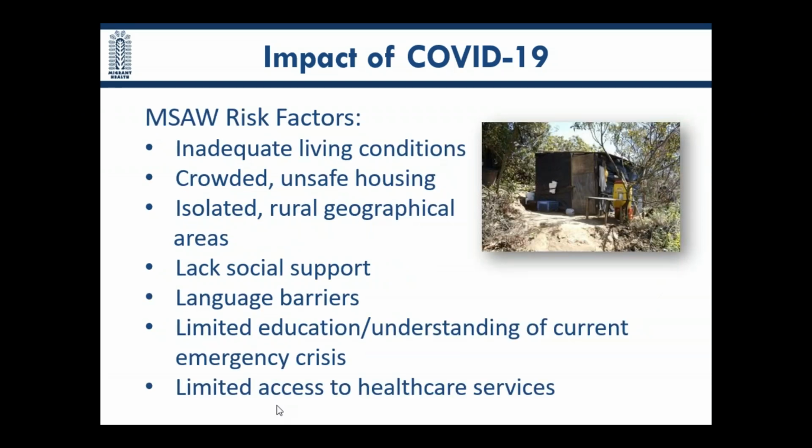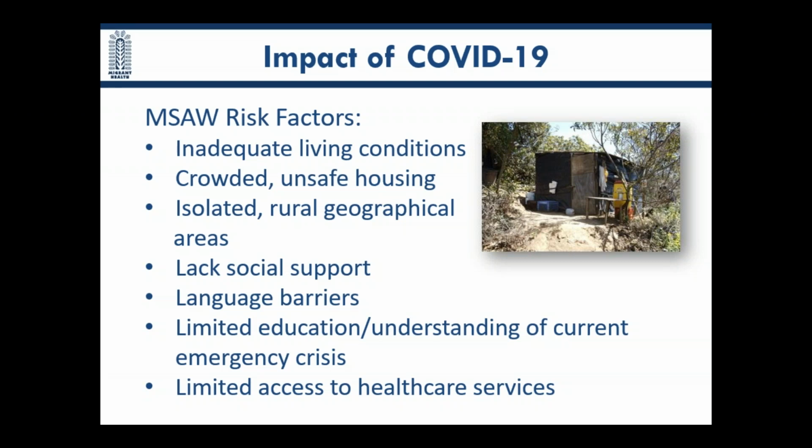So some of the risk factors that we have seen specific to ag workers in relation to COVID-19 is inadequate living conditions. I know as it is, migratory and seasonal agricultural workers sometimes don't have the best living conditions or appropriate housing.